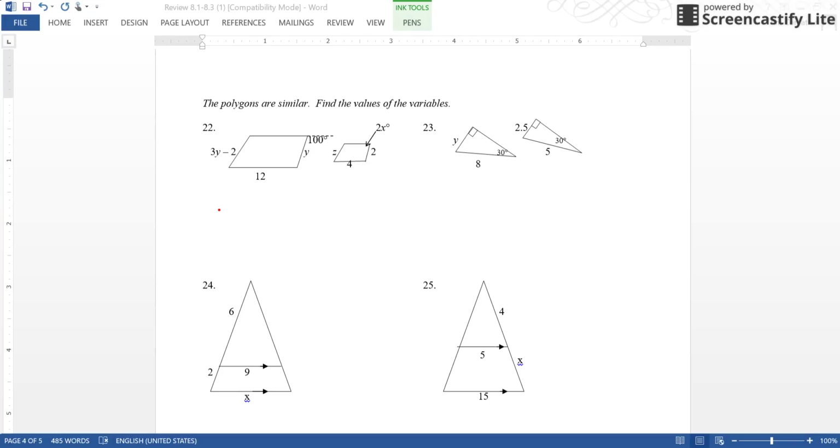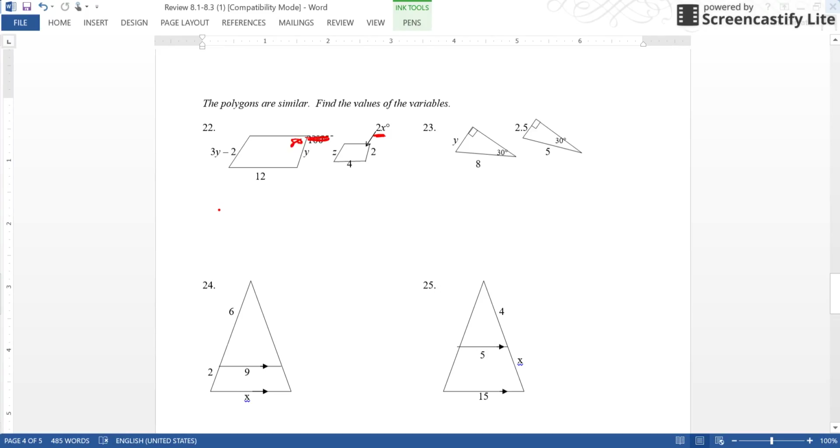I could say that 2x. So I'm going to try and find out what this is first, right here. It says that this is 100 degrees outside here, so that this is going to be 80 degrees.